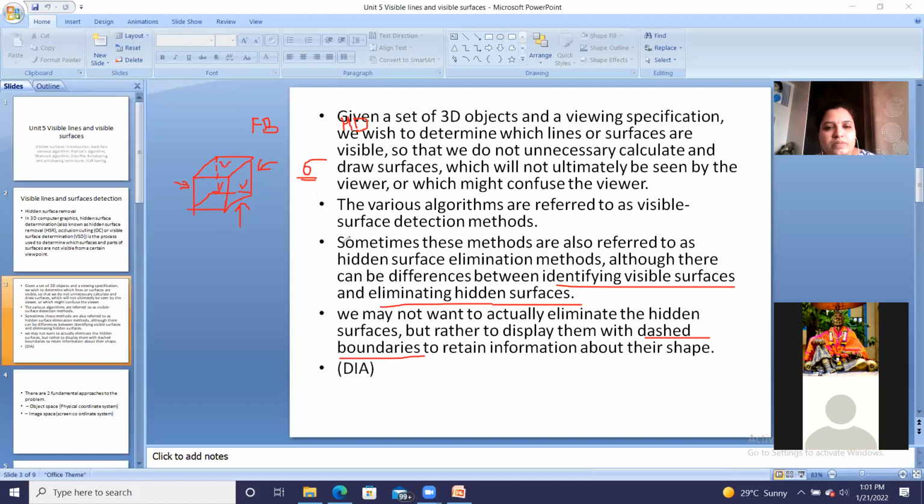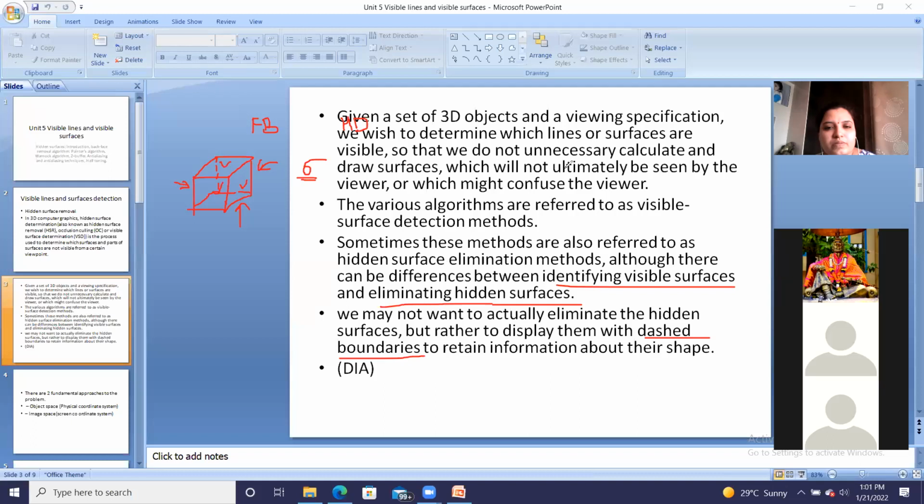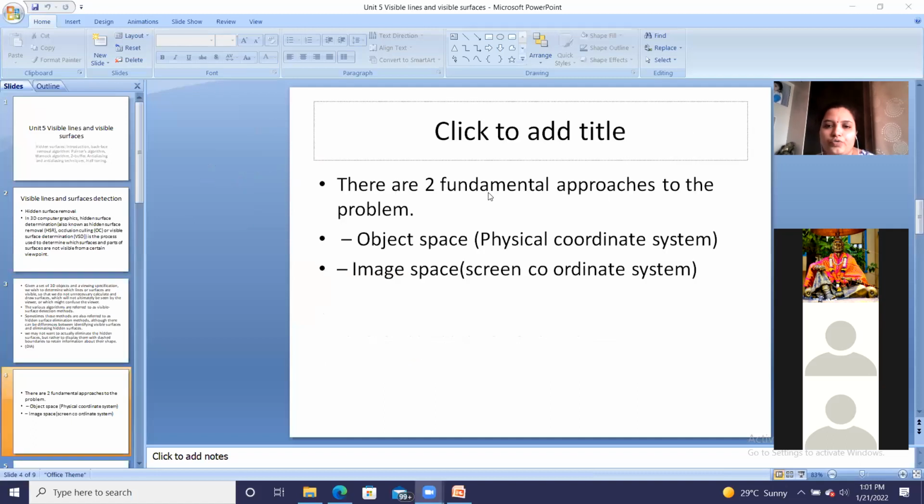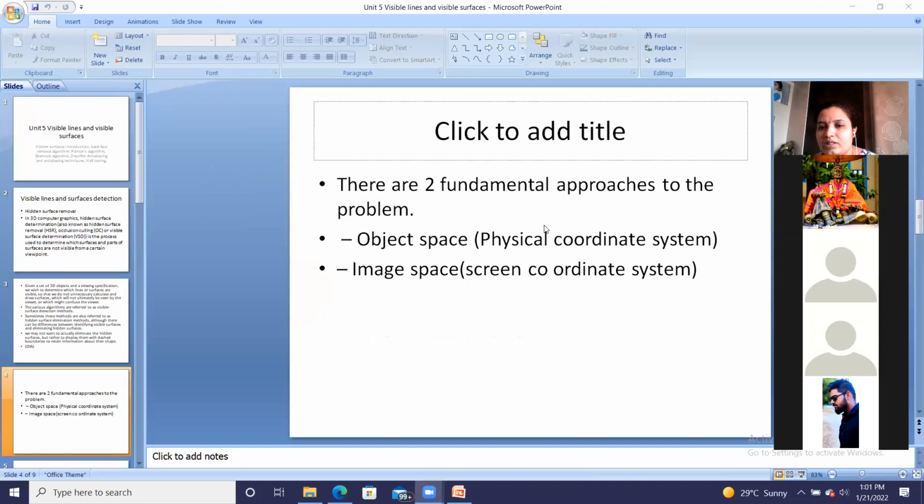Okay, so this part we have covered in the previous lecture, and now we are going to see the two fundamental approaches that we have studied. In the object space method, actual physical coordinates are considered, like actual XYZ values.